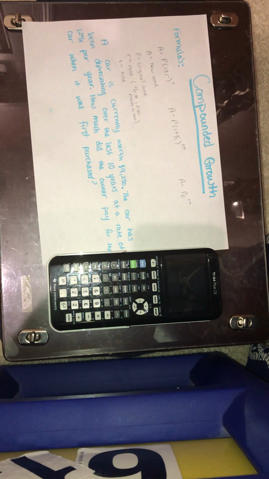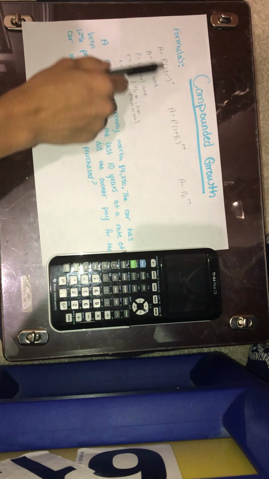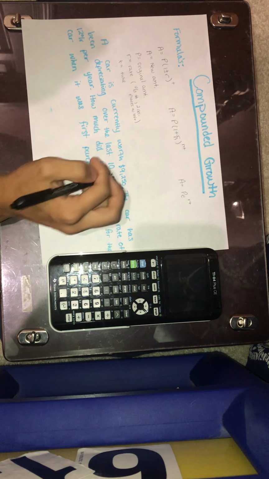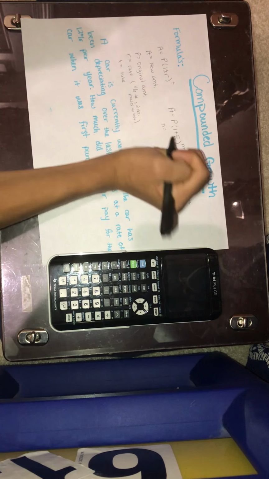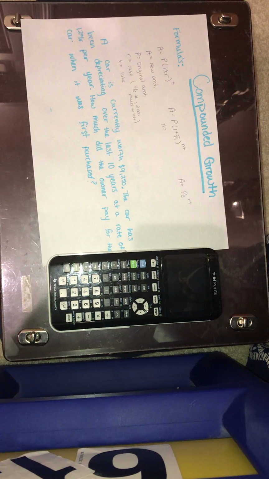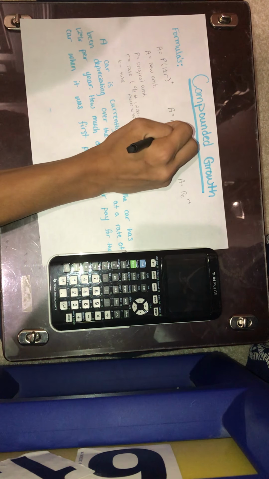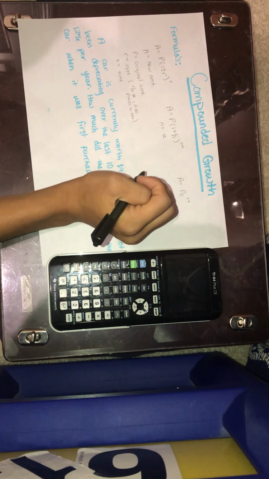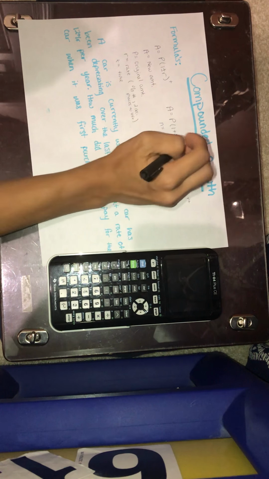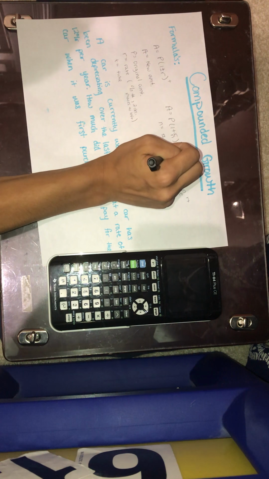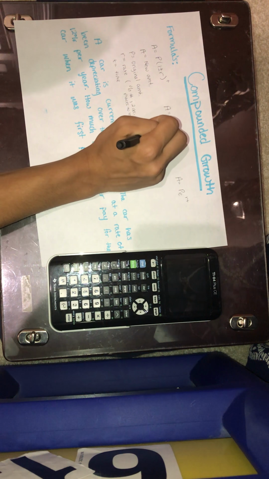Next is this one. Pretty much it stays the same, only there's an introduction of an N. And this N means the number of times per year the interest compounds.